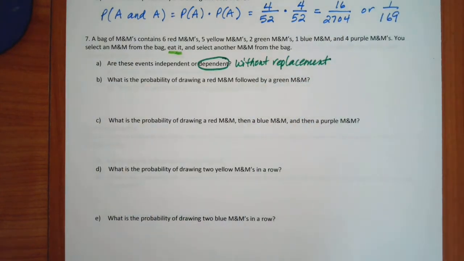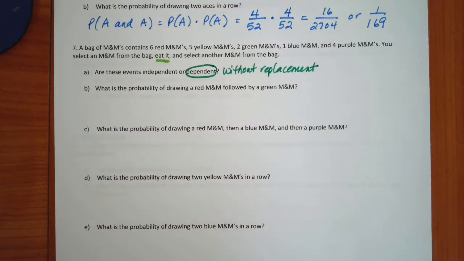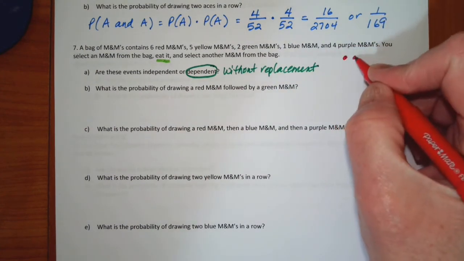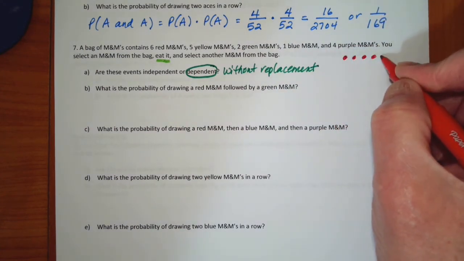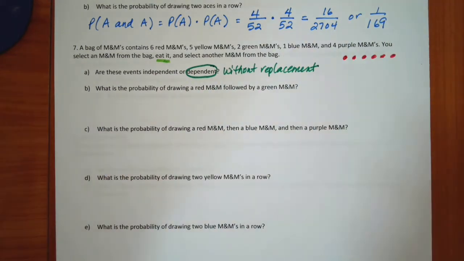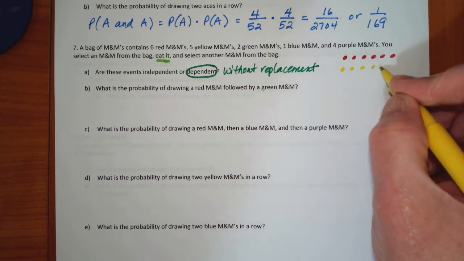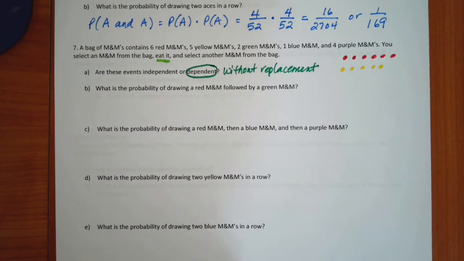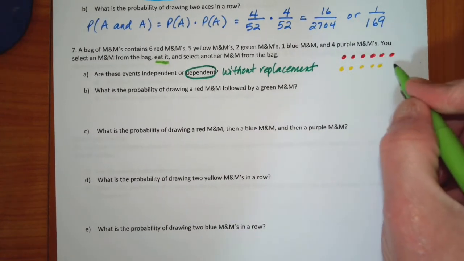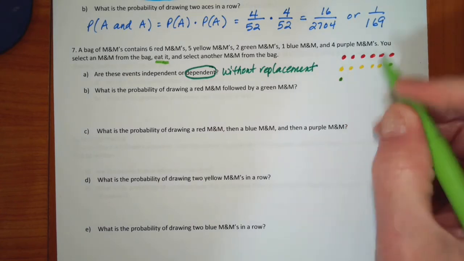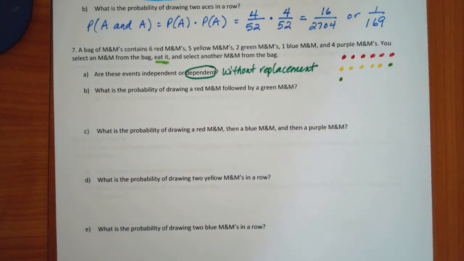Now, we've talked about this many, many times before about how visual I am. If I'm doing a thing like this, I'm going to draw my M&Ms. So I'm going to draw 6 red. I'm going to draw 5 yellow. I'm going to draw 2 green. I'm going to draw 1 blue.